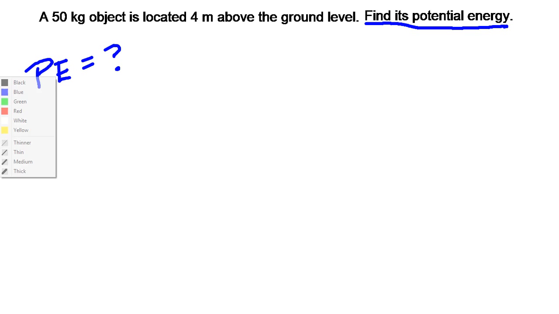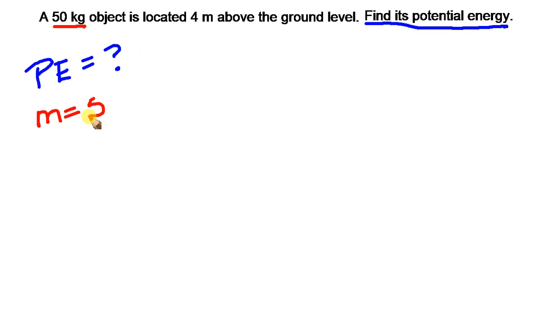Now I need to identify the variables that I know. First, I'm going to start with mass. Mass has a unit of kilograms. I'm going to find that kg in my problem, and I'm going to see a 50 right before it, so I know my mass must be 50 kilograms.